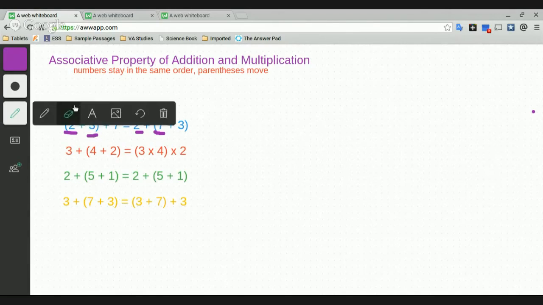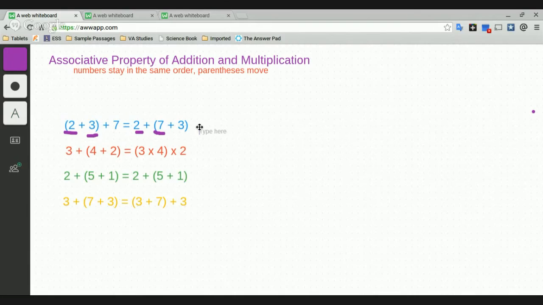So the reason that this one is not correct is because the numbers have moved. Now let's look at this second one. We have 3 plus 4 plus 2, and over here we have 3 times 4 times 2, and the parentheses move. Now, the numbers are in the same order.